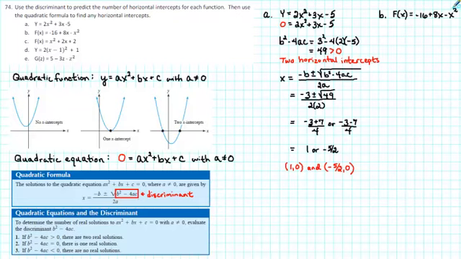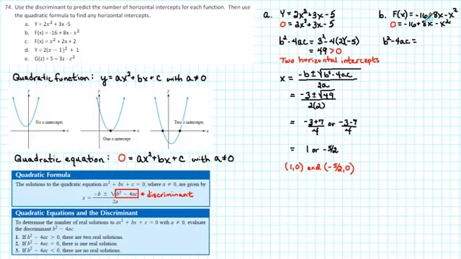To find the horizontal intercepts, we substitute 0 for the dependent variable, which in this case is f of x. We get the quadratic equation 0 is equal to negative 16 plus 8x minus x squared. To predict the number of horizontal intercepts for the function, we'll find the discriminant.